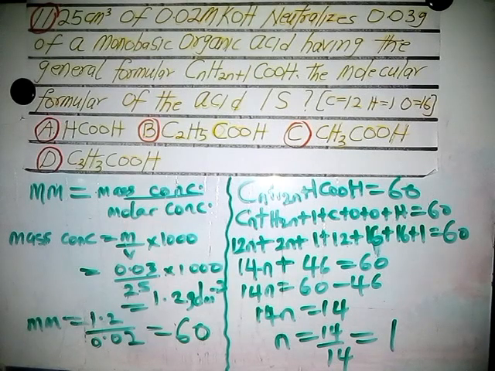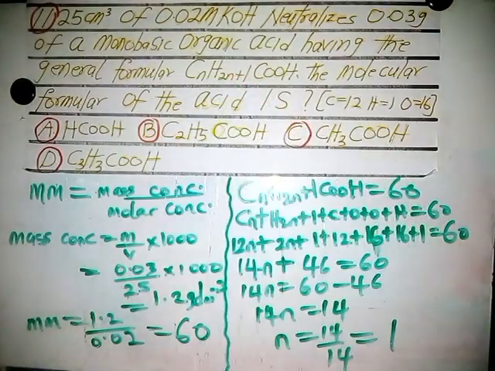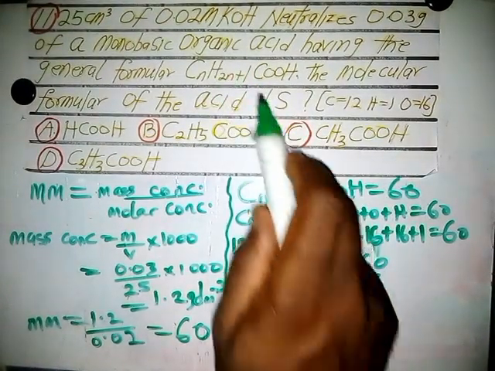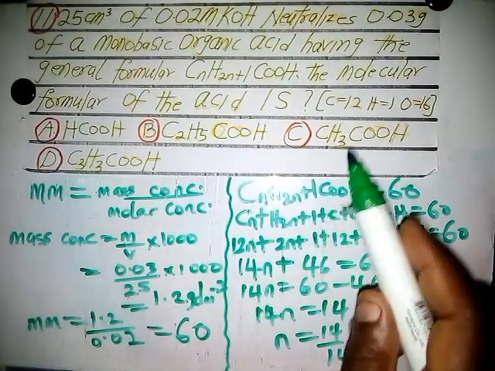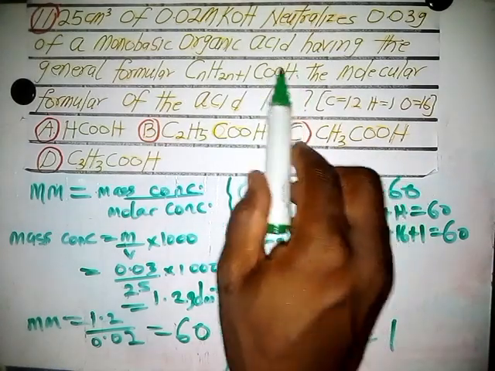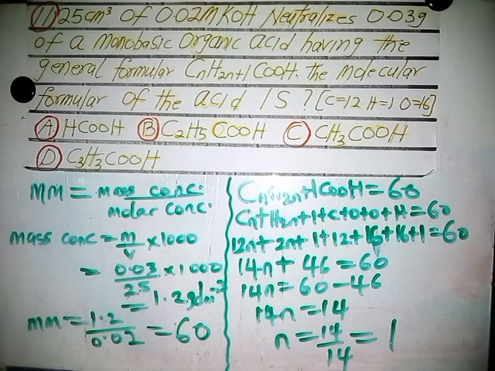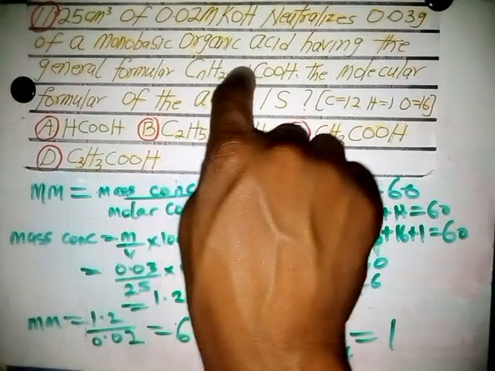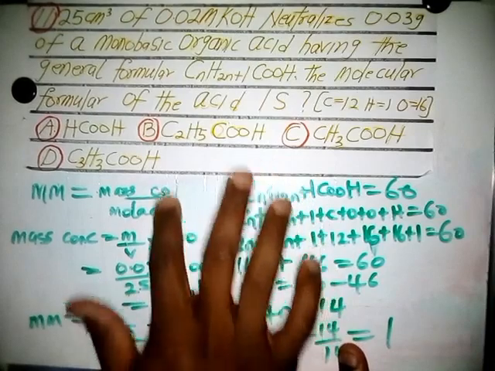So n is 1. That's not the end of the question. The last part of the question now: since n is 1, I want to put n into the general formula so that I can get the actual molecular formula. What it means is that anywhere I have n, I will put 1, so that I can then check which of these options the formula matches.